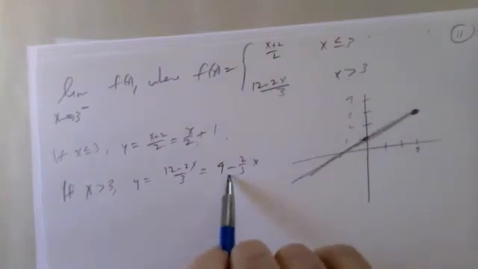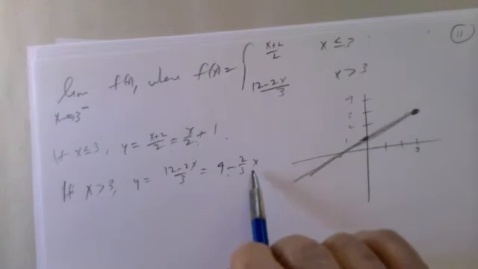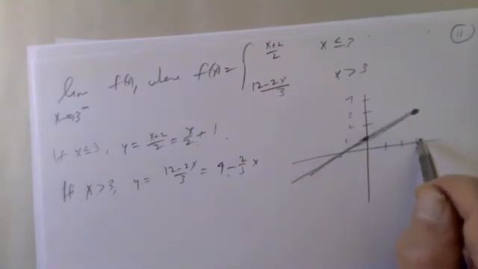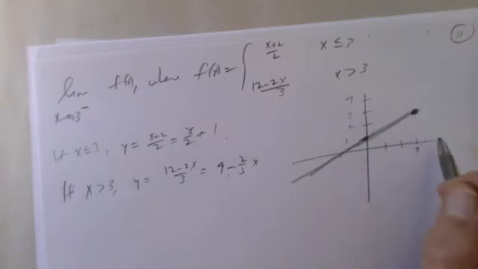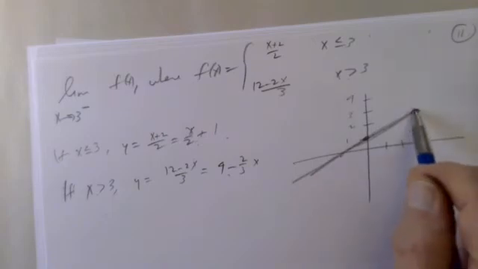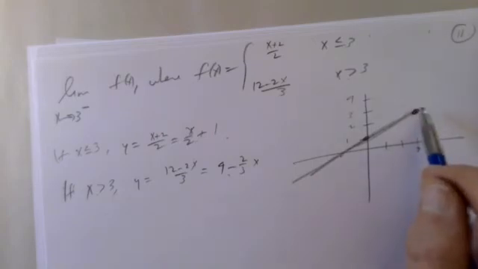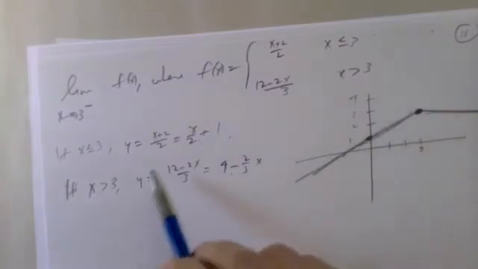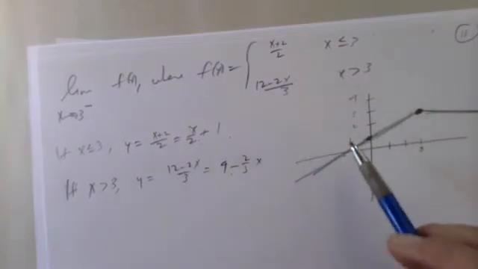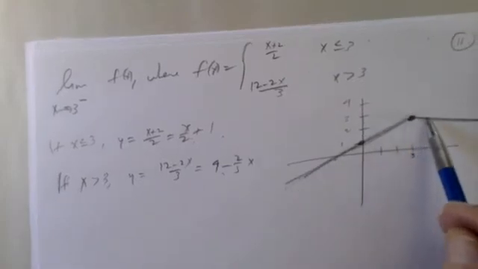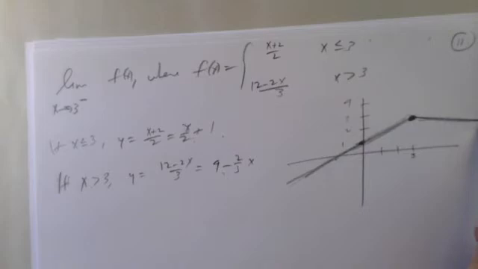When x is bigger than 3, it's the line 4 minus 2/3 x. When x equals 3, that's equal to 2. And that's just a line that goes down like that. So this function, it's kind of a V-shaped function. It goes up, and here it turns around.